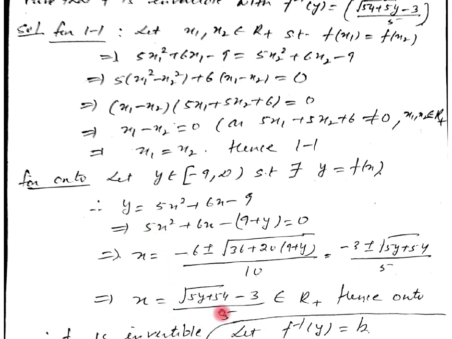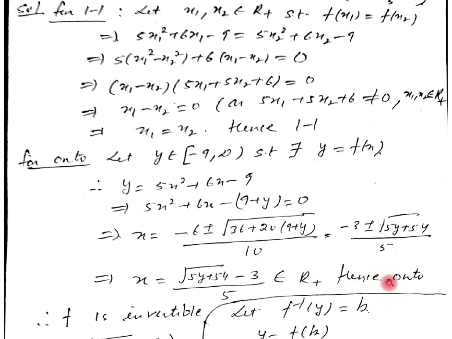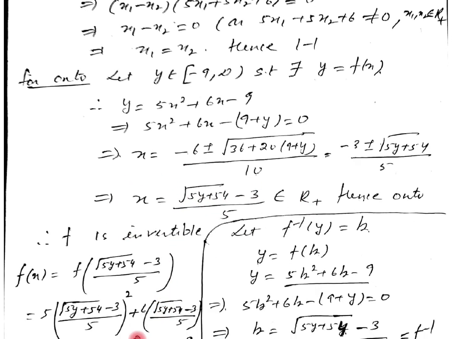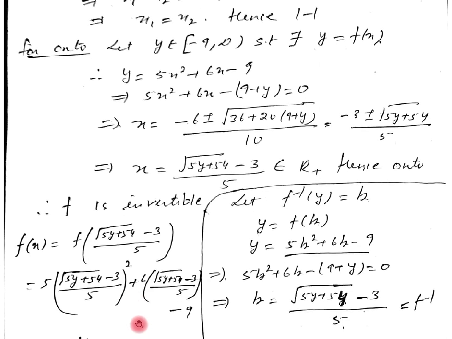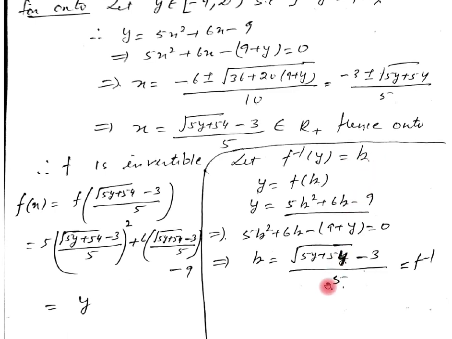For this, x is this, which belongs to R positive, the set of positive real numbers. And we can say the function is onto, and moreover we can prove that the image of this element is again y. So therefore the function is onto. Then we can find out the inverse of the function, just simplifying it, we are getting the value of k, that is, what we have assumed as the inverse of the function.